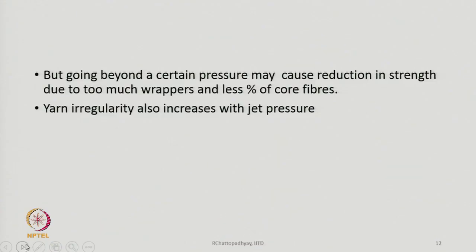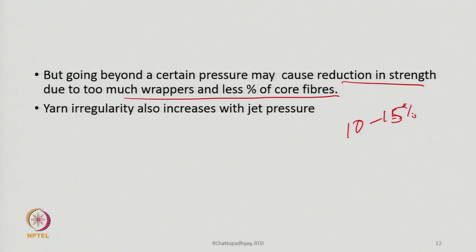The other thing is that going beyond a certain pressure may cause reduction in strength due to too many wrapper fibers, as already discussed. Typically the wrapper fiber percentage is 10 to 15%.